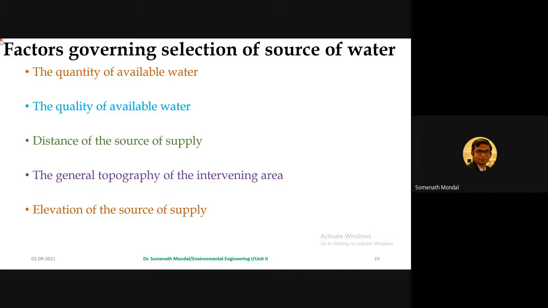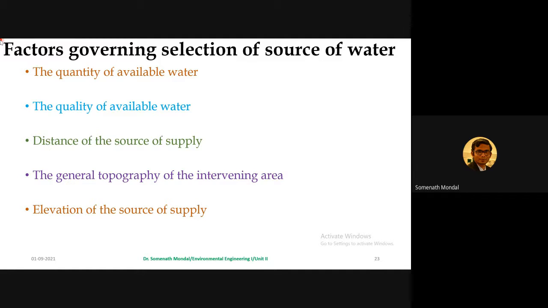So quality of the available water also should be considered a very important factor. Now, the quality standards required for public water were mentioned previously, and we can tally with that to understand whether a particular source is suitable for providing water to the public supply scheme or not.